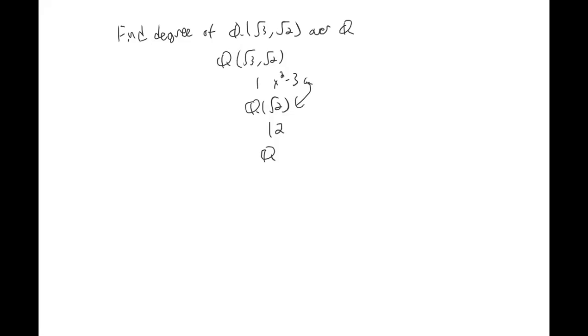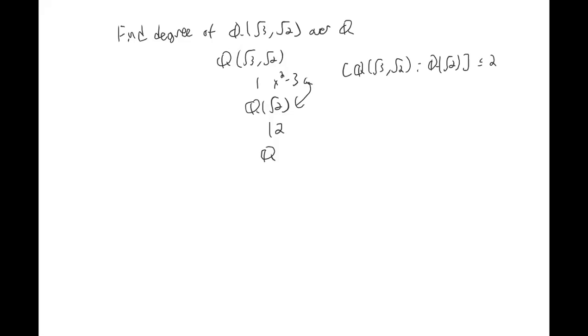It's possible. But since root 3 is a root of this polynomial, the degree of Q adjoining root 2, root 3 over Q adjoining root 2 is at most 2.